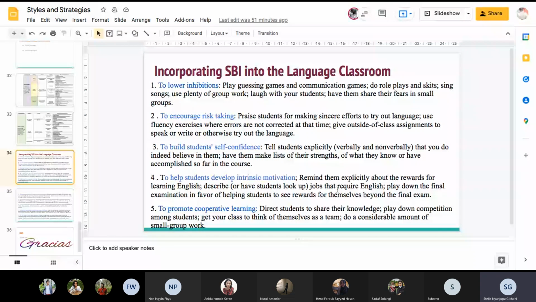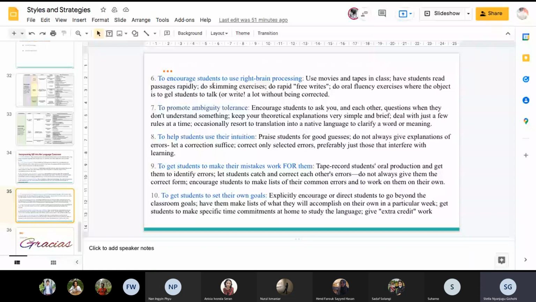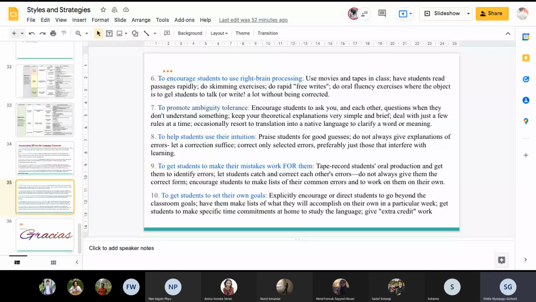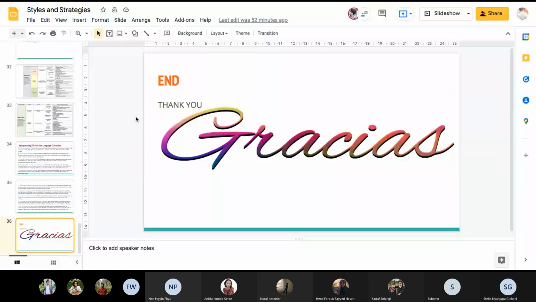And the other one is, how do you encourage them to promote intuition, to make mistakes and all that? So these are some of the strategies you'll find that you have to use when it comes to developing strategies in your class. So I think that should be the end. Yes, so that is the end of our presentation. Thank you.